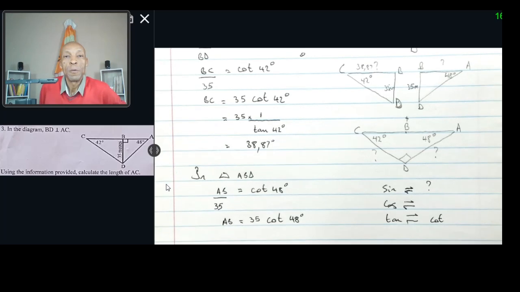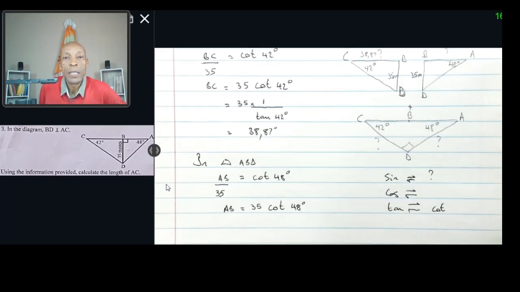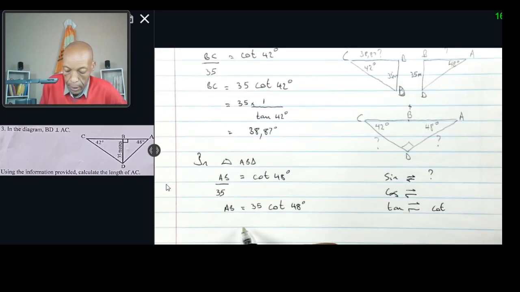Then you can just say equals 35, cot, no, 1 over tan of 48, isn't it? Okay, then what does it give us?